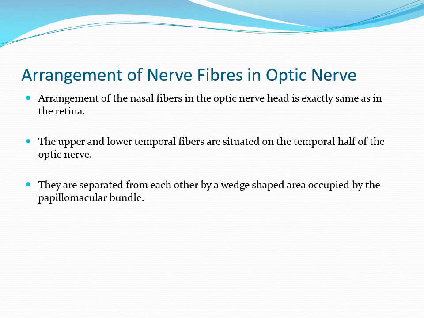Because of its constituent parts, it mimics the white matter of the brain, as it is a continuation of the brain. That is why in neurological diseases optic nerve involvement is suspected or seen, or optic nerve diseases themselves can sometimes have CNS manifestations.